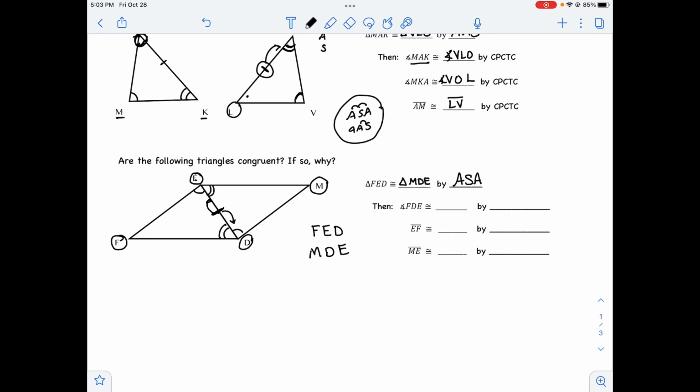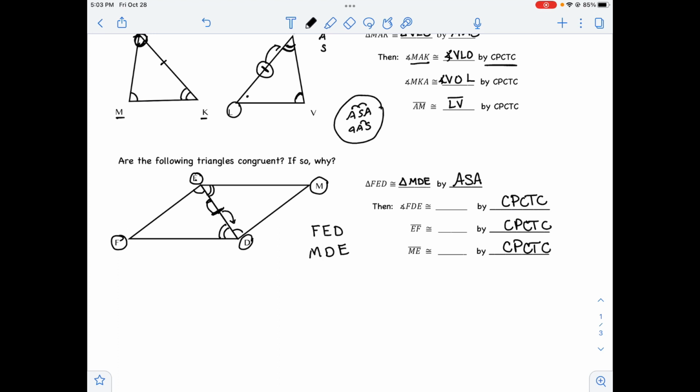Now we can compare our parts. We're looking for angle FDE is congruent to what by something. How do we know it's congruent? If we look up at the previous one, we proved these by CPCTC, congruent corresponding parts. So these are all going to be CPCTC, because that's what we do after we prove that the triangles are congruent.